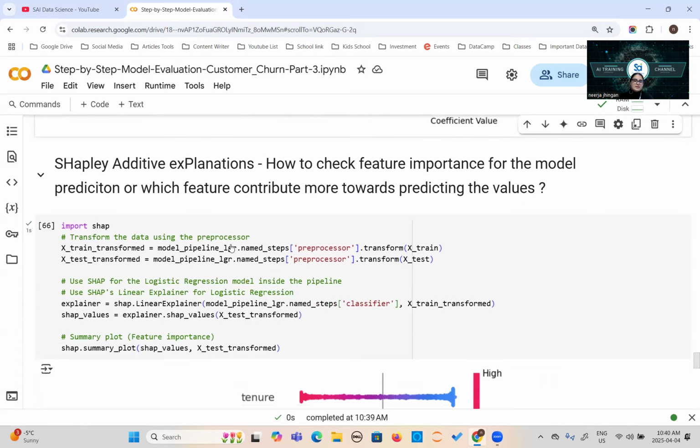And then this is the Shapley additive explanation. This is one of my favorites. I love this because it really helped me understand which feature was used most of the time by my model for the prediction. You may be thinking, we check it using correlation too before model building. Yes, but that is before model building.